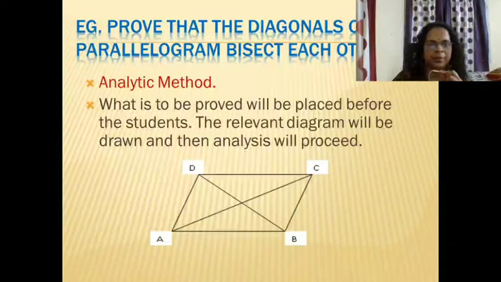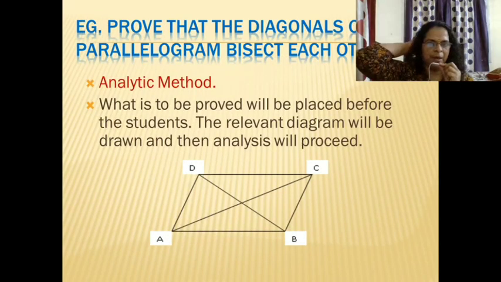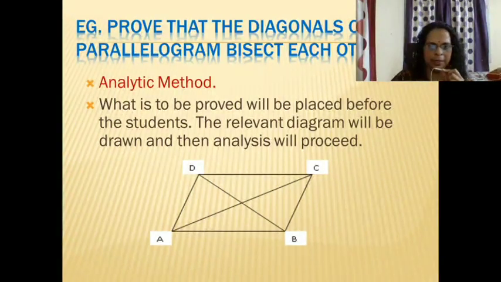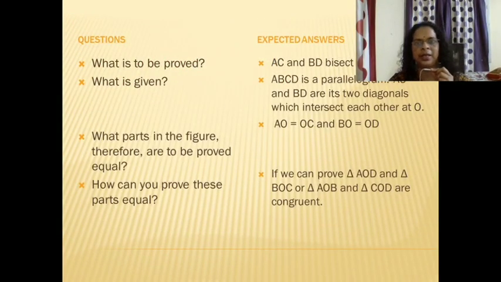Instead of that we draw the figure and make it clear what is to be proved here. So here ABCD is a parallelogram which is given, and we have to prove these two diagonals AC and DB bisect each other. Then using this analytic method, how do you prove it?